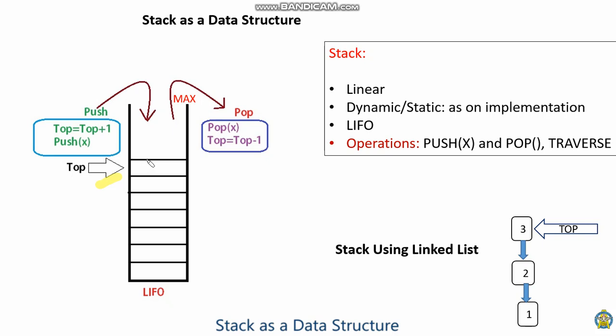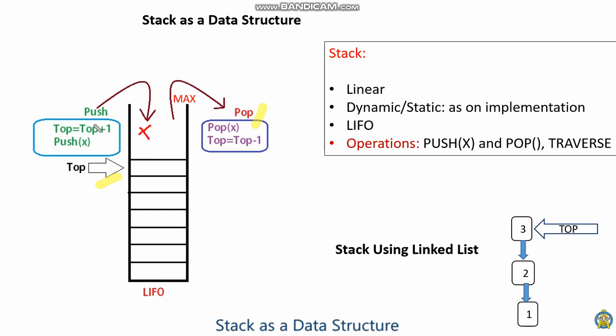So conventionally, the operation of insertion is referred to as push and deletion is referred to as pop. So let's have a look at how items get inserted or deleted, pushed or popped, from a stack. So when I push an item, let's say I'm going to push an item called X. I want to push an item X into the stack.